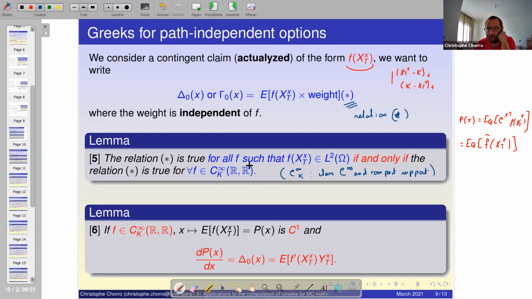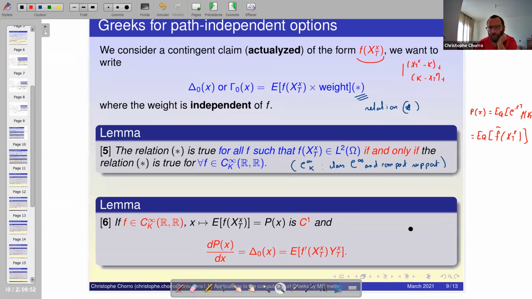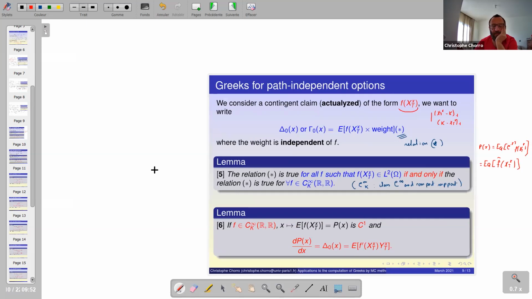So this side, from the top to the bottom, is obvious, because the set where f belongs to this one is included in the set of the f making this one in L2.